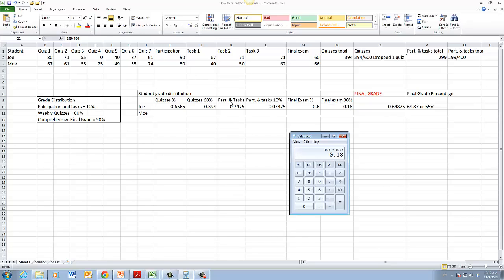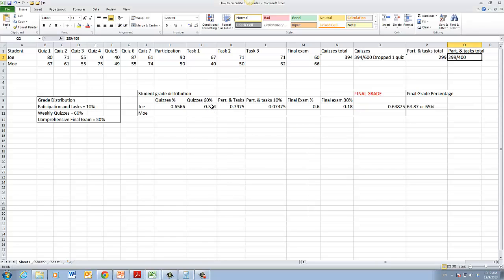So now we simply need to add the quizzes of the 60% total here, participation in tasks here, and the final exam here. I'm going to add these three up.